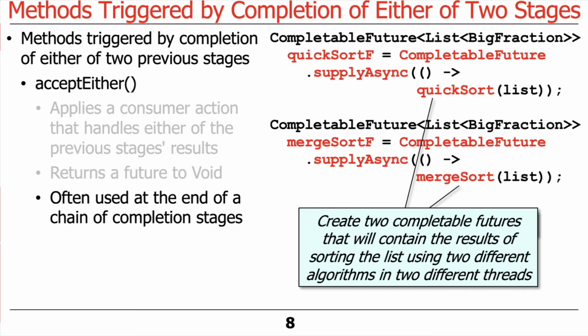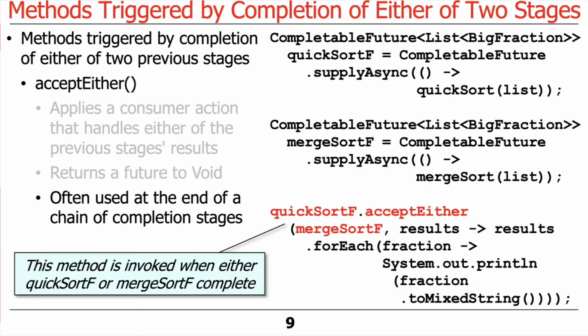Pick two of them, have them go off and sort a list in parallel. So you can see here that we say CompletableFuture.supplyAsync with quicksort of a list, and CompletableFuture.supplyAsync with merge sort on the list. They both get back CompletableFutures to lists of sorted BigFractions.